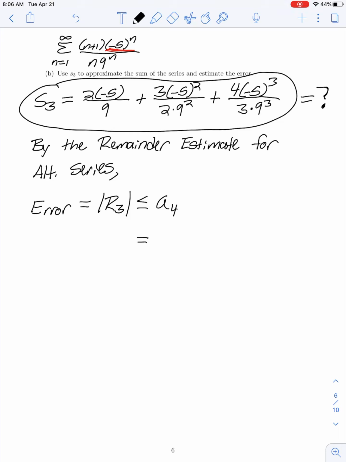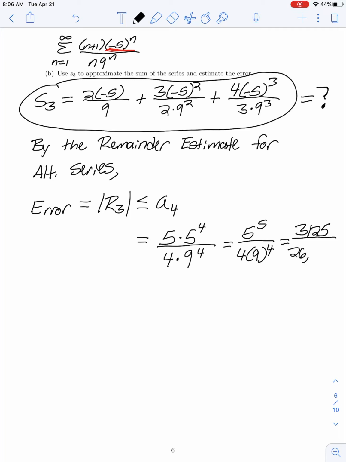Substituting 4 into our general expression for the series, we would have 5 times 5 to the fourth power divided by 4 times 9 to the fourth. So that is 5 to the fifth power over 4 times 9 to the fourth, which reduces to 3,125 over 26,244.